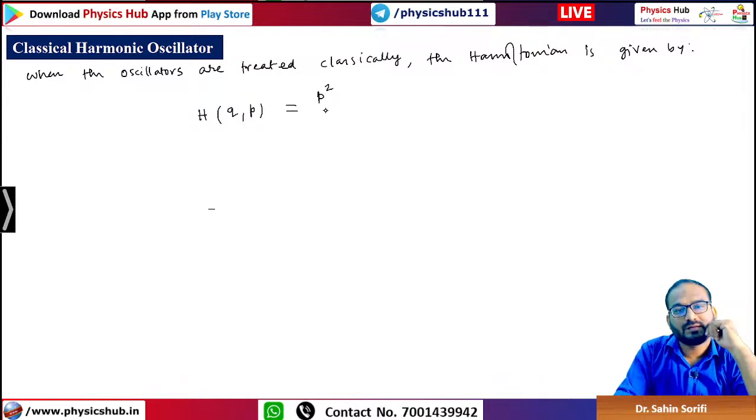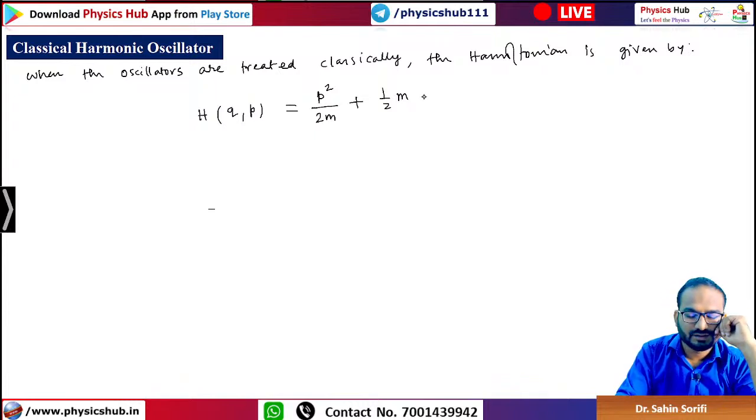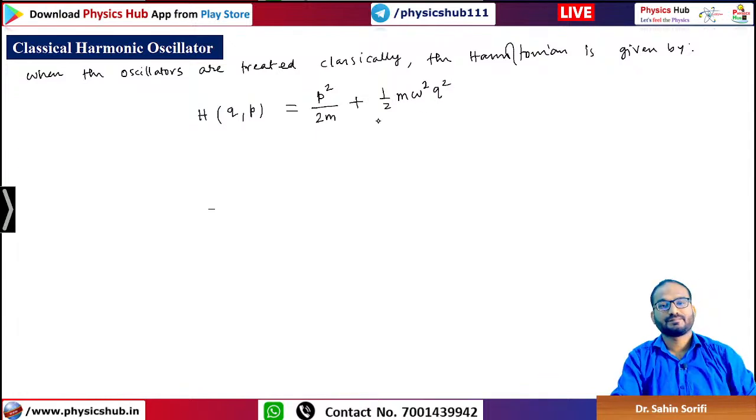So for the classical harmonic oscillator, we know the kinetic energy p square by 2m, and the potential energy half m omega square q square, sorry, not half m omega square, half kx square actually. So half m omega square q square.